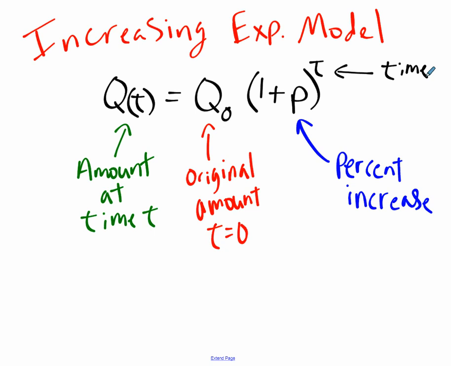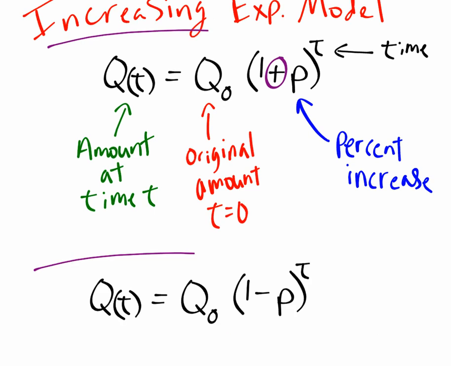And because you have a little plus here in the middle, this indicates that it's increasing. If this was negative, it would be decreasing. So here we have the same formula, but it's a negative. And so negative would be a decreasing exponential model.